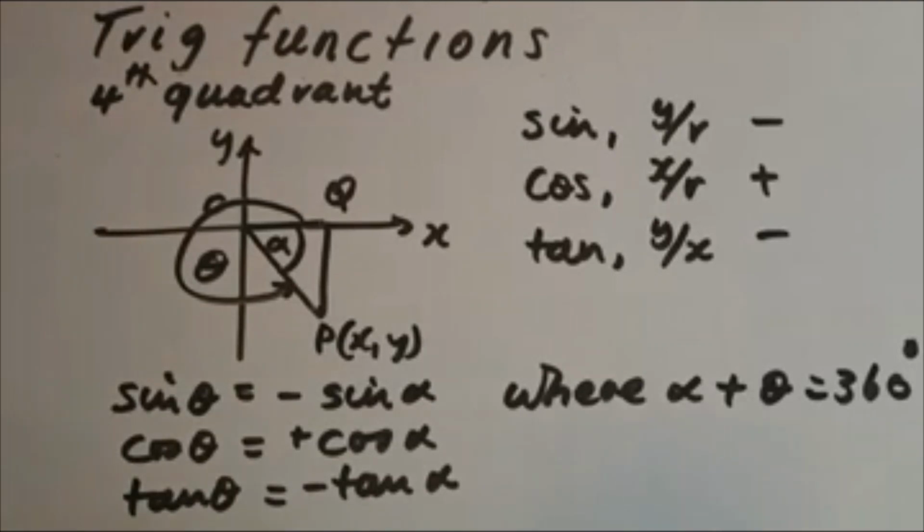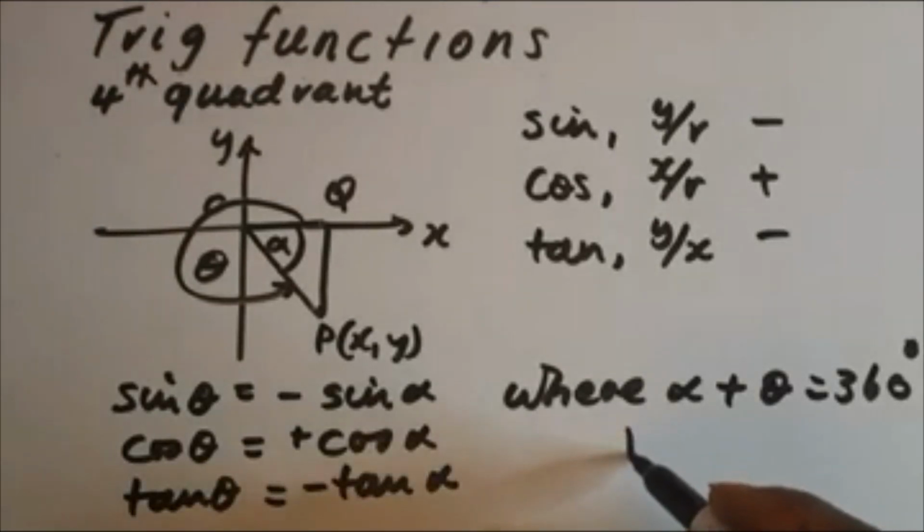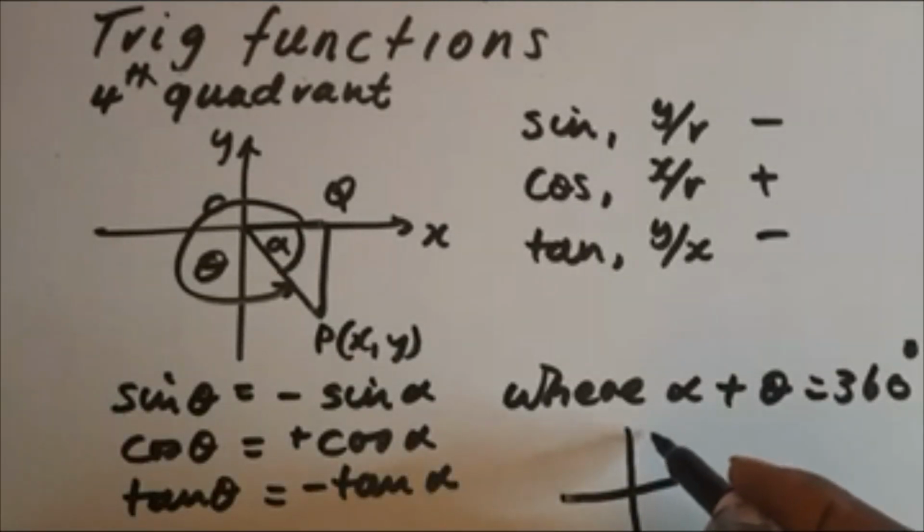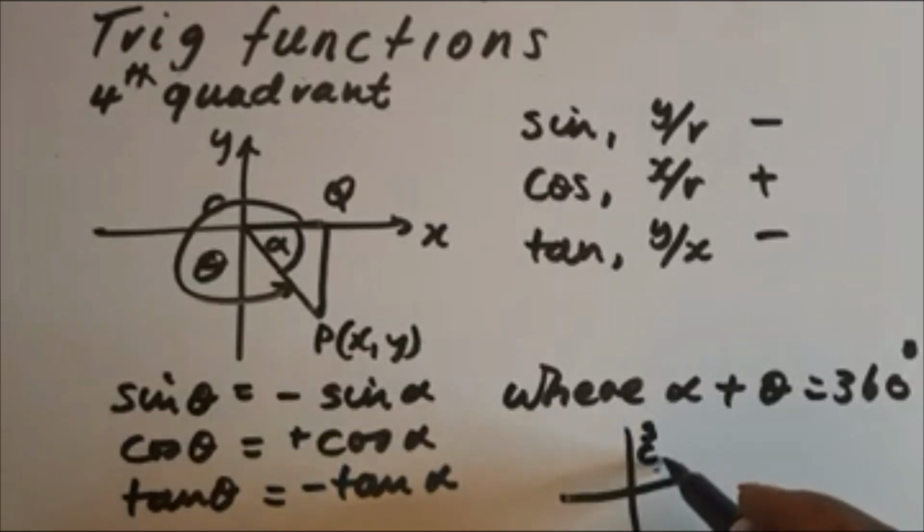And to summarize all that we've done, we can just put it all in one set of quadrants. We have all, sine, cosine and tan in this quadrant are all positive.